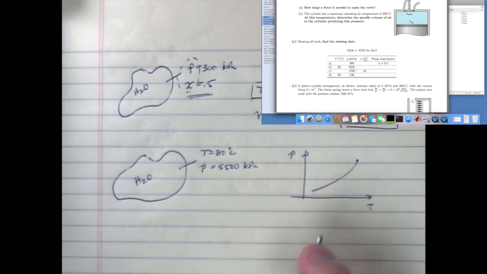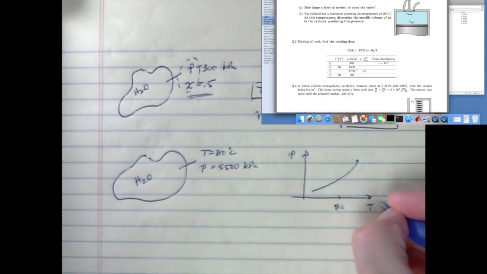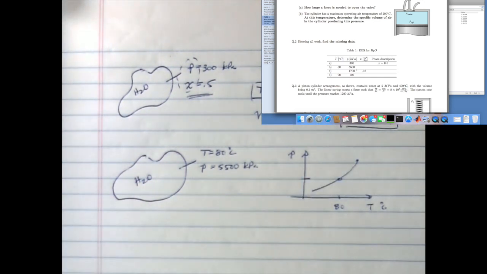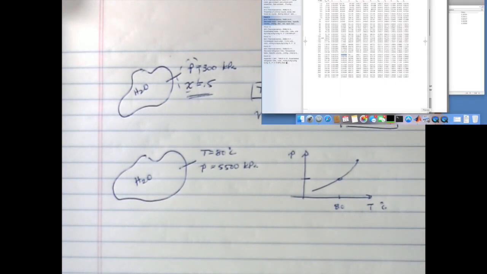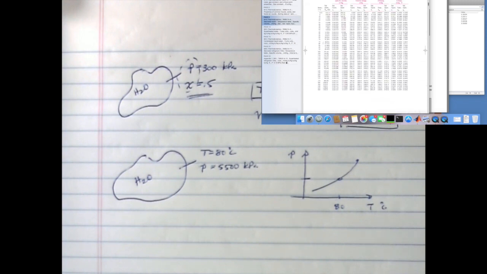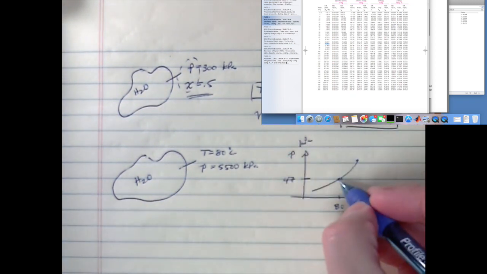So let's go ahead and find at a temperature of 80 degrees what would be my boiling pressure. I'm going to our tables here. At 80 degrees, our pressure should be 47 kilopascals if we were boiling.